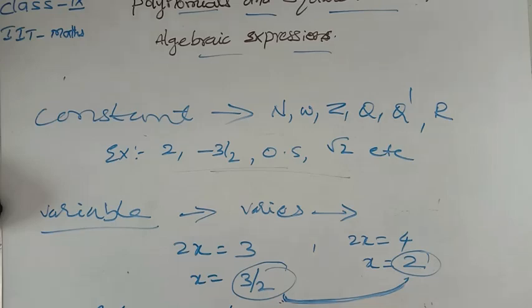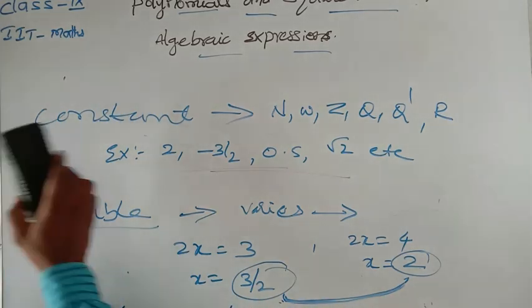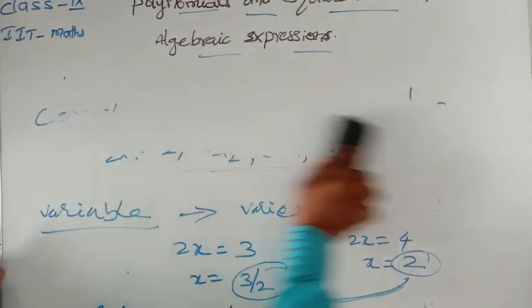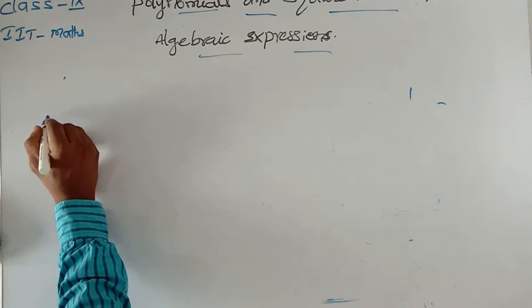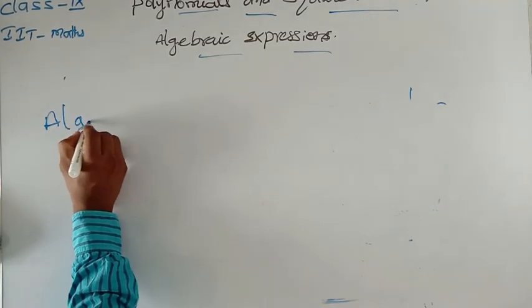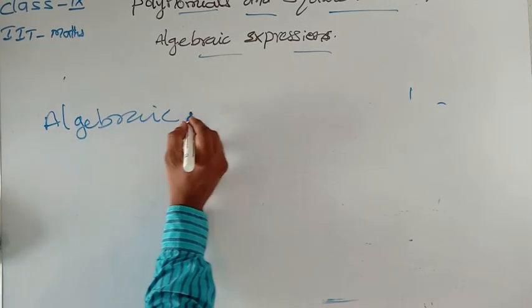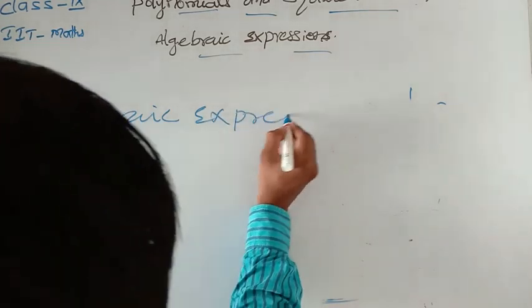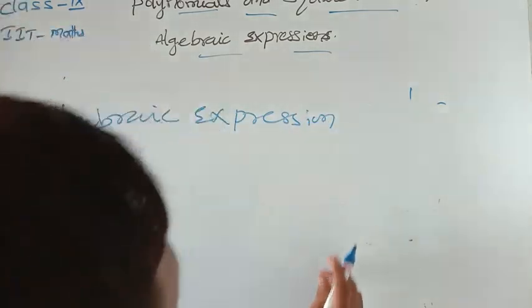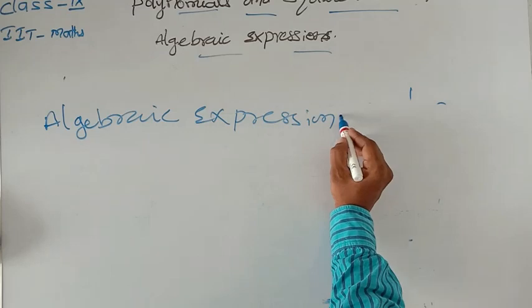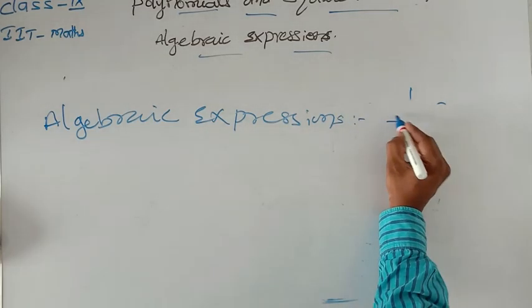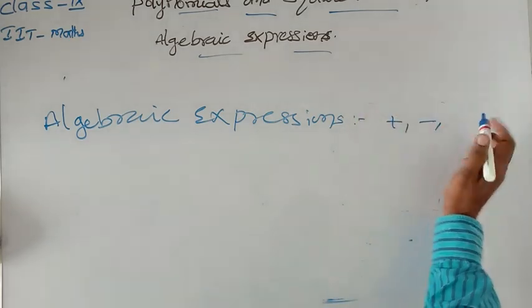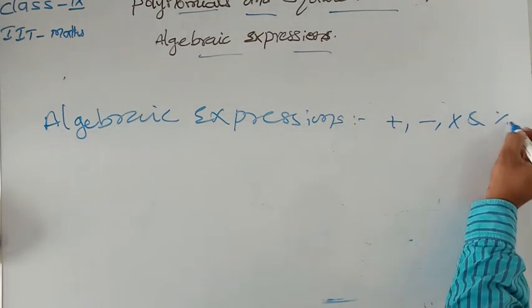The next, the combination of constants and variables with 4 basic mathematical operations such as addition, subtraction, multiplication and division.